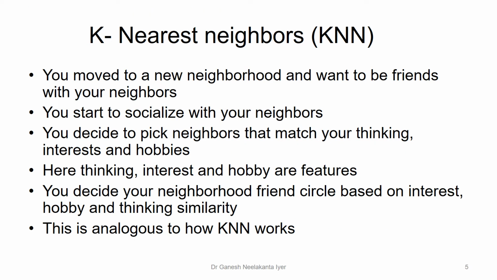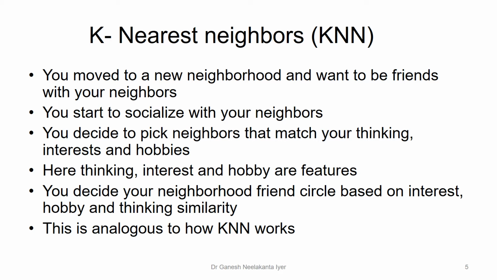Assume you moved to a new neighborhood. Say you shifted your city from, say, Bangalore to Chennai. Now you want to make some friends among your neighbors. How do you do that? You start socializing, isn't it?